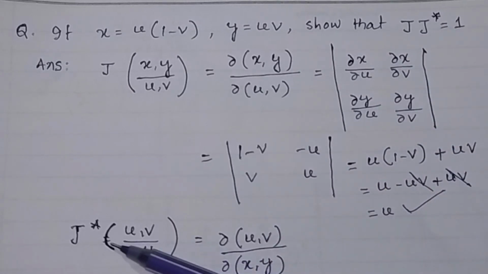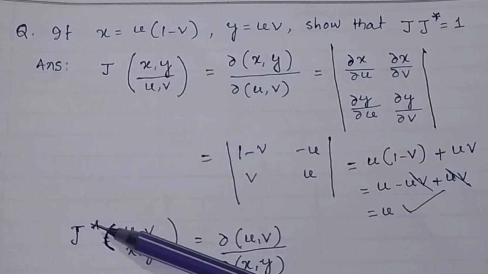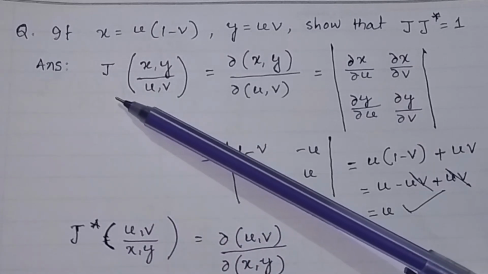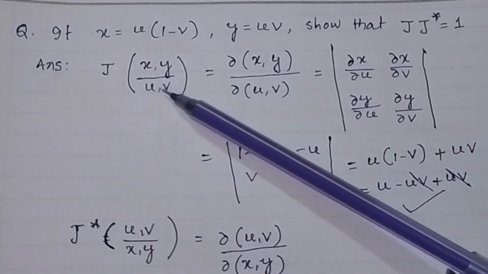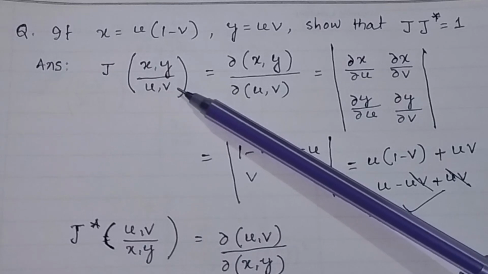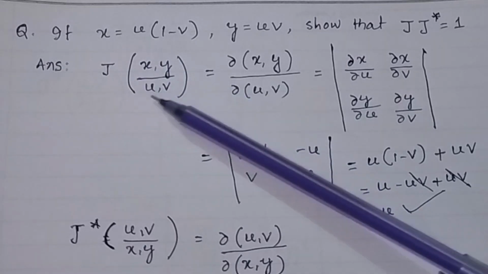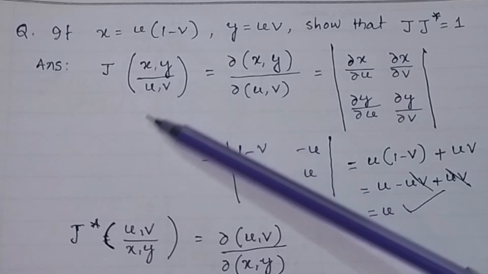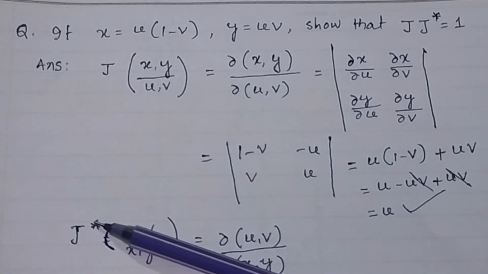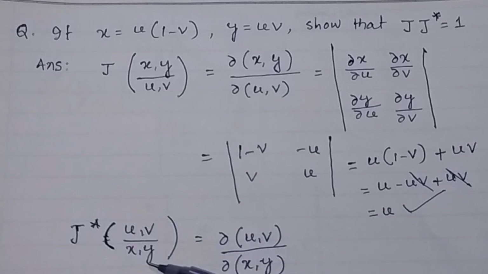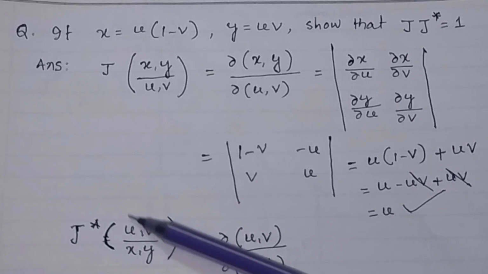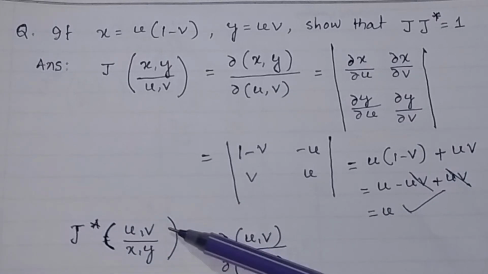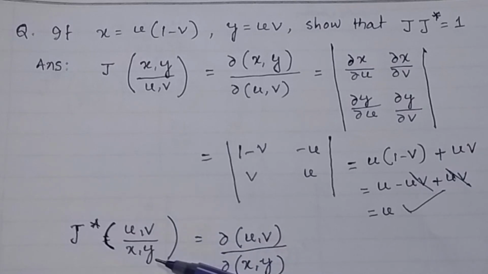Now let us find Jacobian J star. Here we have found the Jacobian of x y with respect to uv, so J star will be the Jacobian of uv with respect to x y.